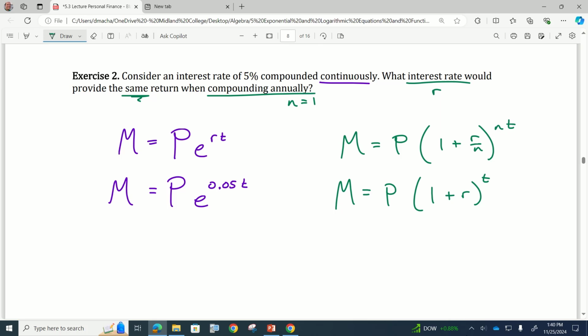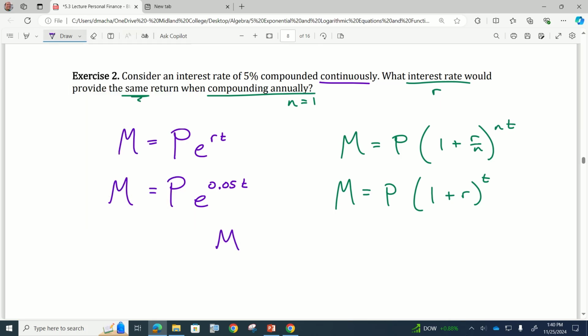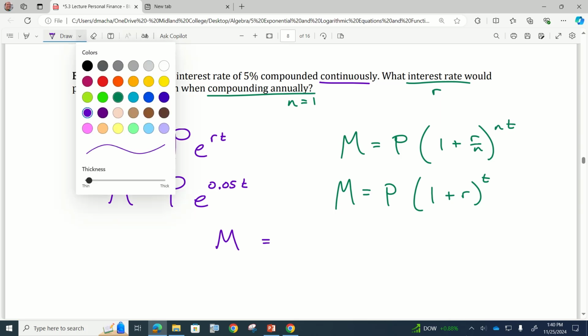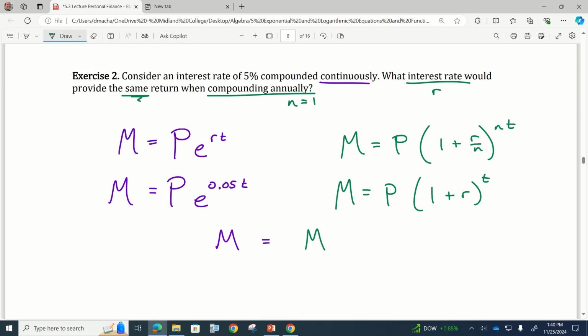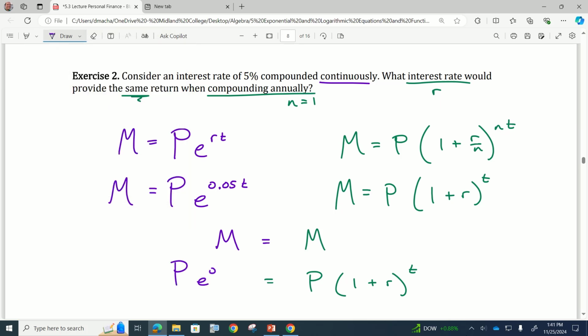If I want the same return, that means I want the same maturity value. You see the word return, that means the same thing as maturity value. So what I'm going to do is set this maturity value equal to this maturity value. And this is P times (1 + r) to the power t. And this one is P times e to the power 0.05t.